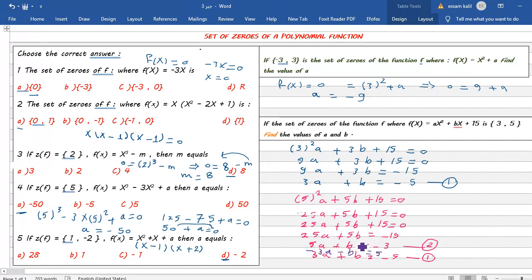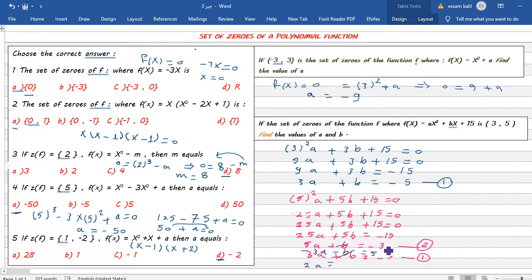Cancel negative 3a with 3a. 5 minus 3 will become 2a equals 3 plus 5, which will become 2. Then 2a equals 2, divided by 2, then a equals 1.